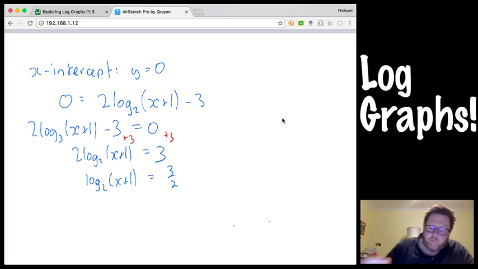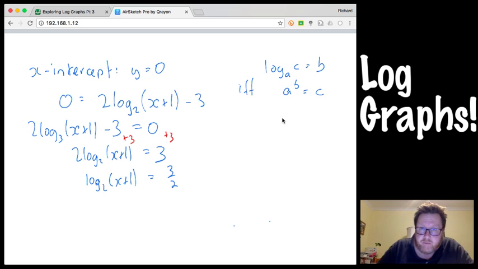What do we do? Well, we just use our basic log idea. I'll write it over here on the side. Remember that log base a of c equals b if and only if, that means it goes both ways, a to the power of b equals c. That's the definition of a log, right? So we're just going to do that. So the base down here is 2.